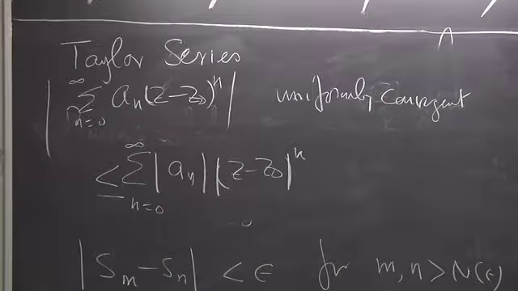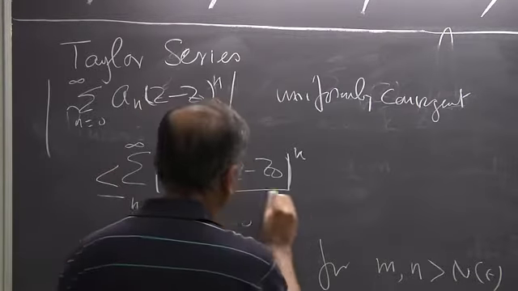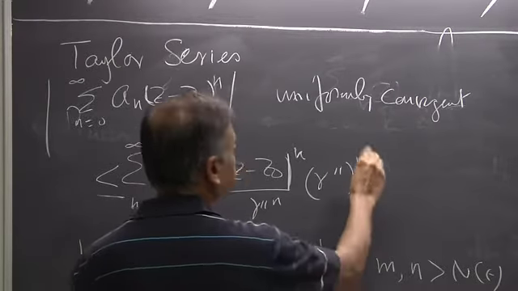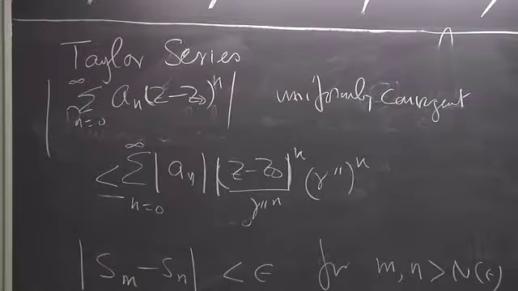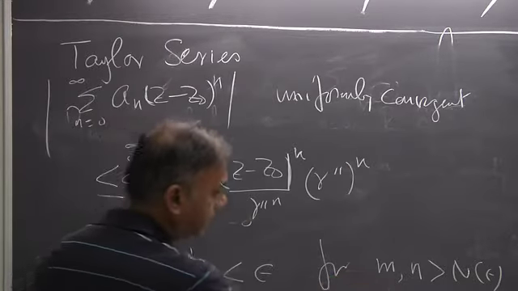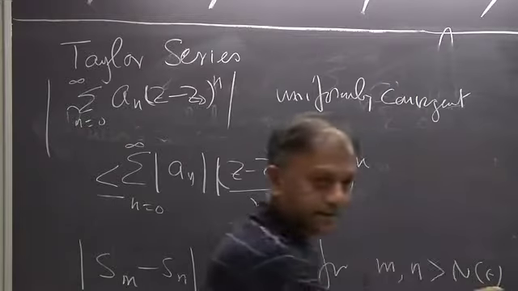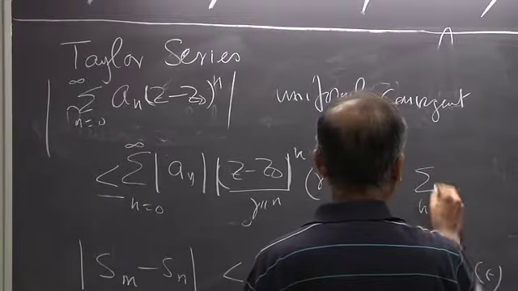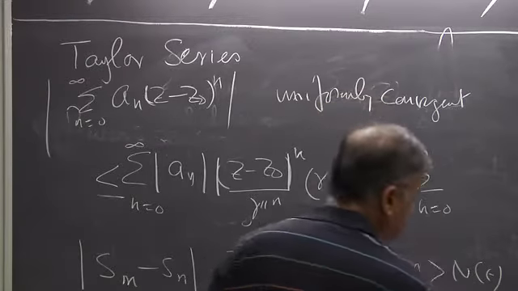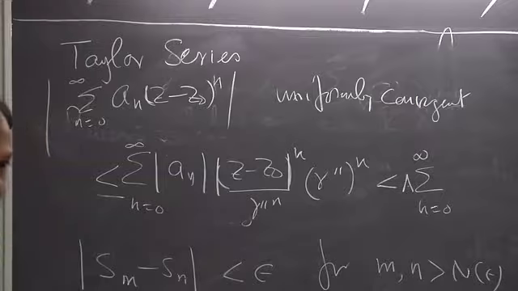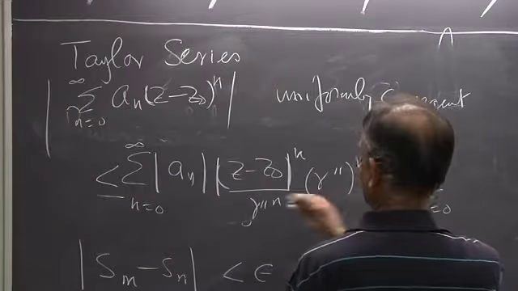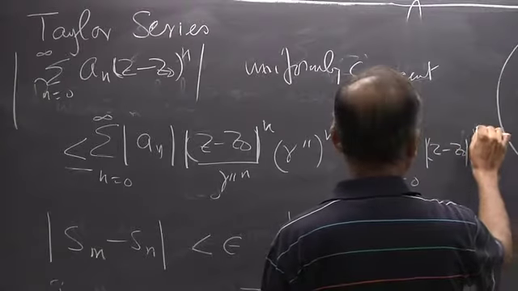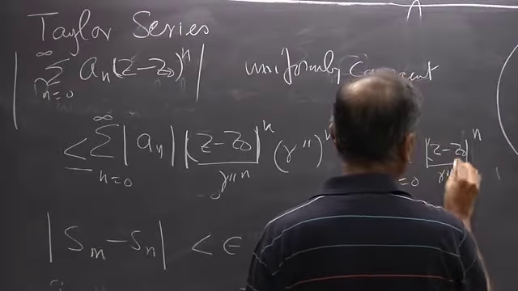Now let me multiply and divide by r double prime to the n. Then use the fact that a n times r double prime to the n is less than this capital A. So I can write this as less than the sum from n equals 0 to infinity of capital A, which does not depend on n, so I can take it out. What is left over is simply z minus z0 to the power of n divided by r double prime to the n.